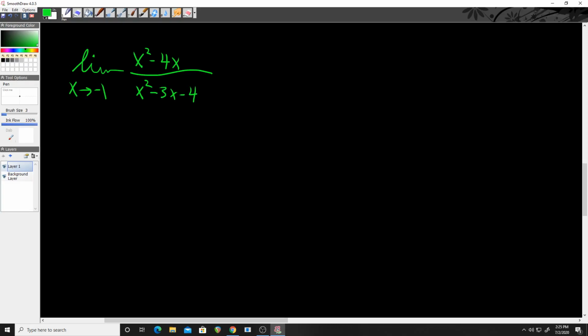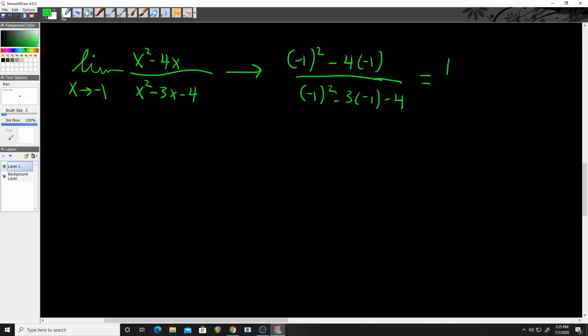If I attempt to plug in -1: -1 squared minus 4 times -1, over -1 squared minus 3 times -1 minus 4. If I do that, -1 squared is 1. Negative times a negative is a plus.